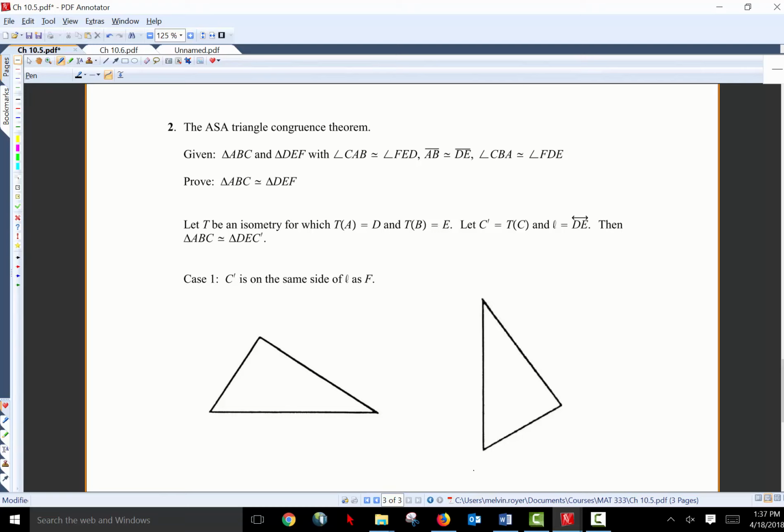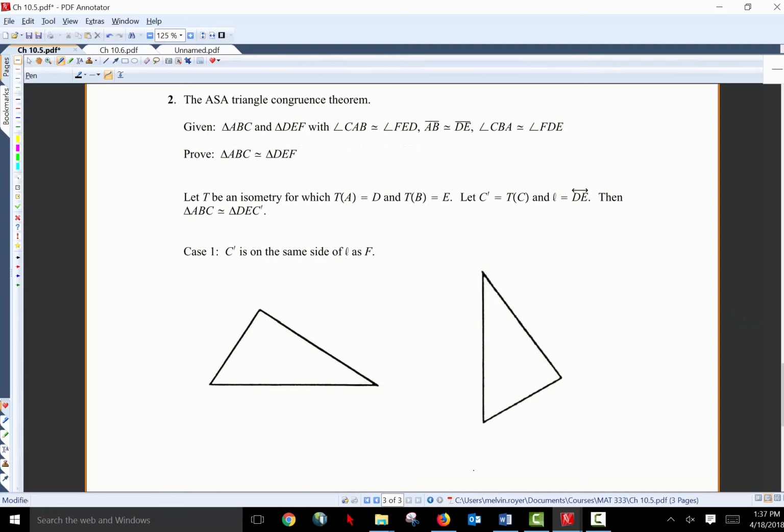So let's prove angle, side, angle. We are given two triangles. Let's label them A, B, and C, and the corresponding vertices are D, E, and F in this order.